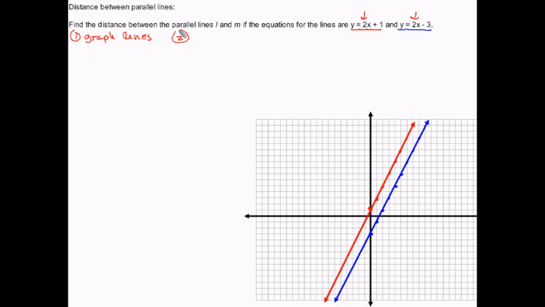Step two is to go to the y-intercept of either line and graph a perpendicular line through that point.